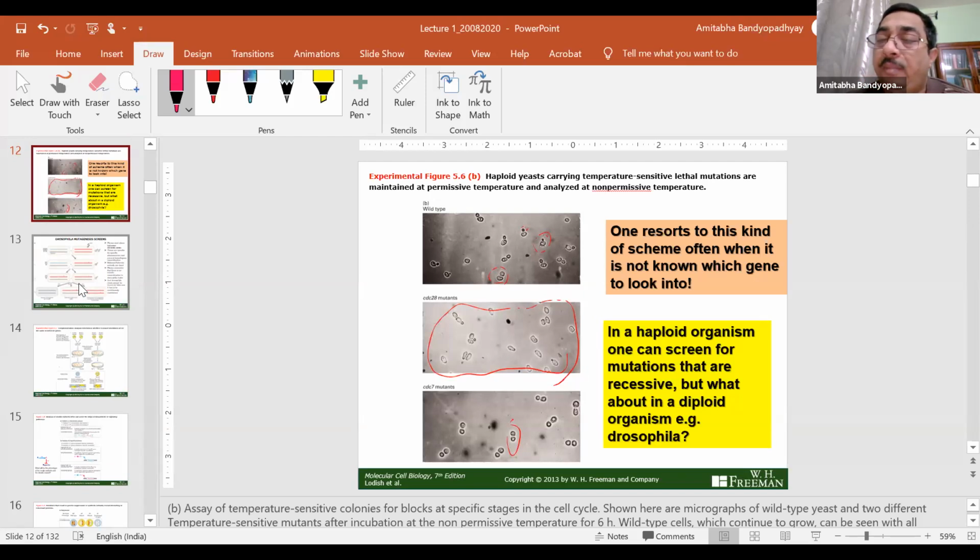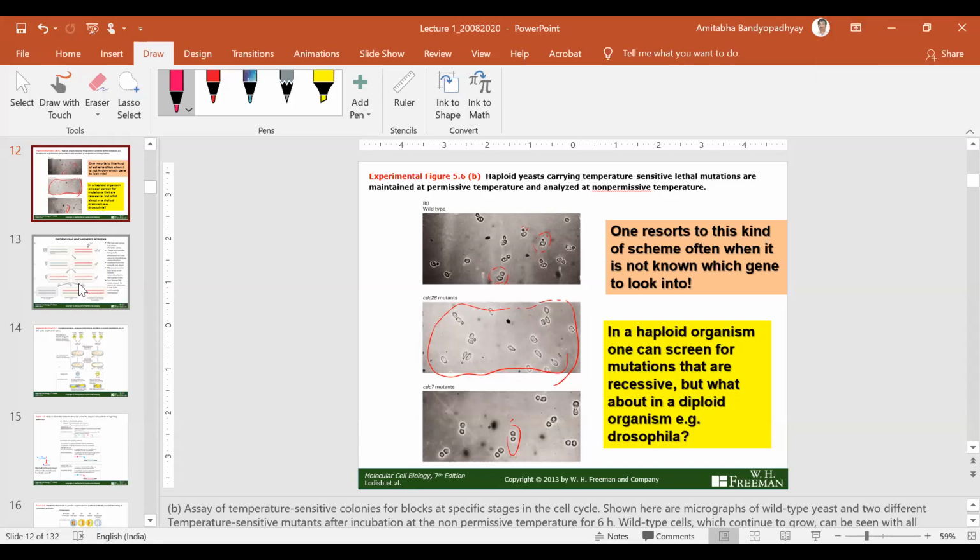After your initial round of mutagenesis screen, you found some 500 mutants, whatever condition you have defined: growth in the presence of galactose, growth at 36 degrees centigrade, growth in the presence of a strange chemical, whatever you decide.